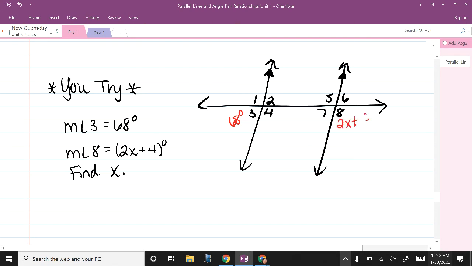Couple ways you can approach this one, right? Help your people at your table out for a second if you need to. Start by filling them in.